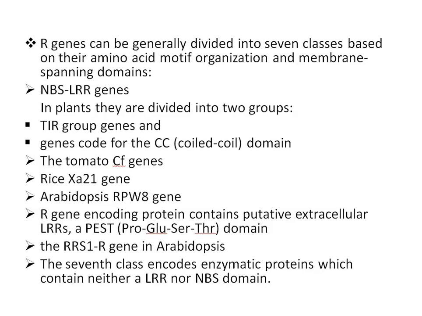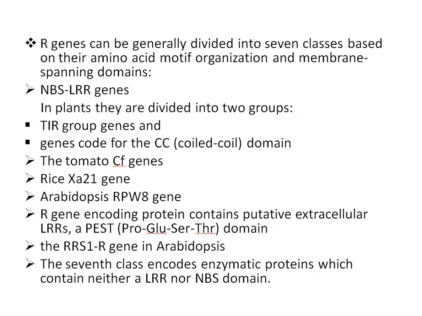NBS-LRR genes in plants are typically divided into two groups according to their N-terminal domains. One is the TIR group genes that are composed of a TIR N-terminal domain, and the other group of genes code for CC, that is coiled coil domain. There are about 200 genes that encode proteins with similarity to the nucleotide binding site and other domains characteristic of plant resistance proteins in Arabidopsis.